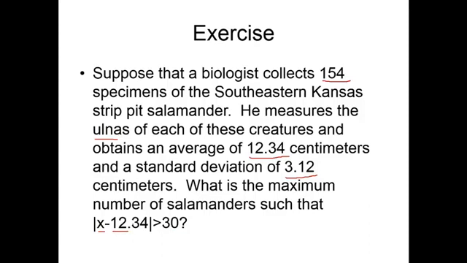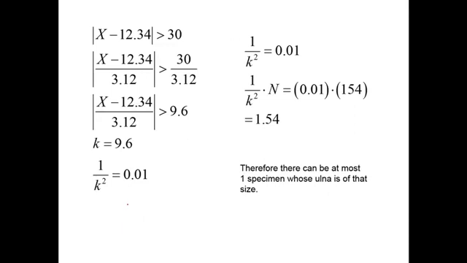Now this is a teacher example. What makes me say this? Because this right here and this right here are exactly the same. I'm cooking this up to get something that we can solve. So I start out with this event right here, x minus 12.34 is greater than the given amount.